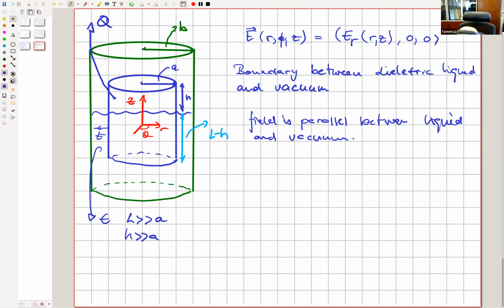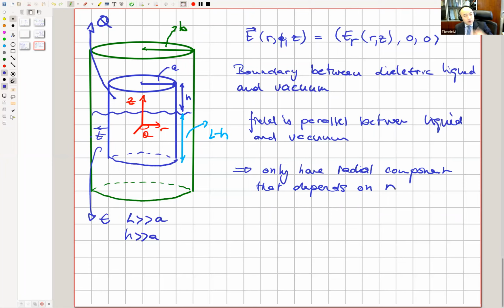We only have a radial component that depends on r. Okay, so now we are more or less in business.